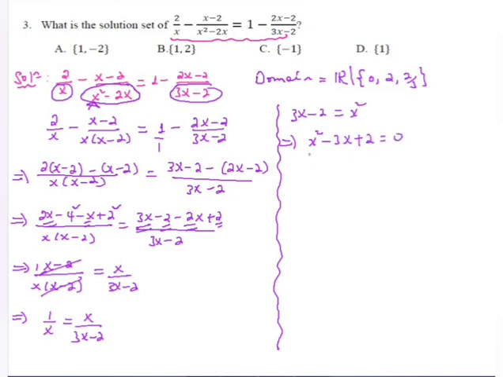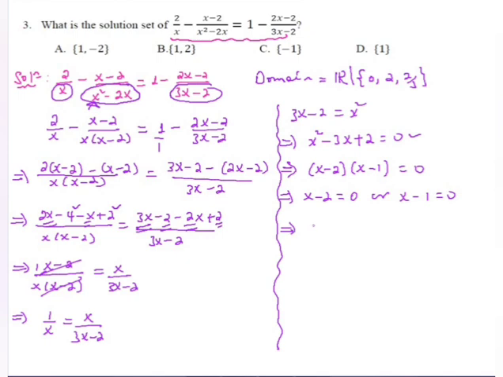This is quadratic, so you can use factorization or the quadratic formula to solve this equation, but I prefer to use factorization to save time. So the factorized form of the quadratic becomes x minus 2 times x minus 1 equals 0. So x minus 2 is equal to 0, or x minus 1 is equal to 0.